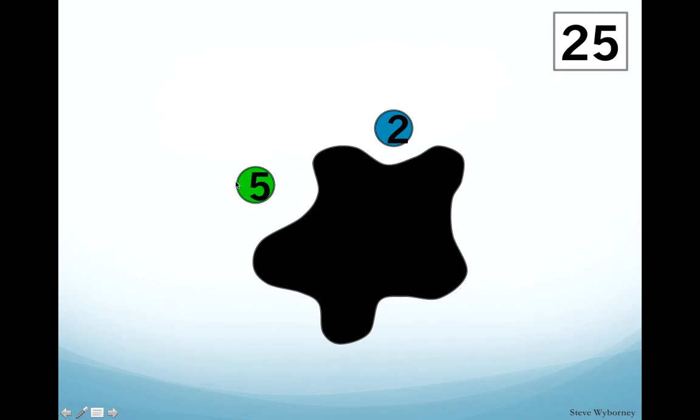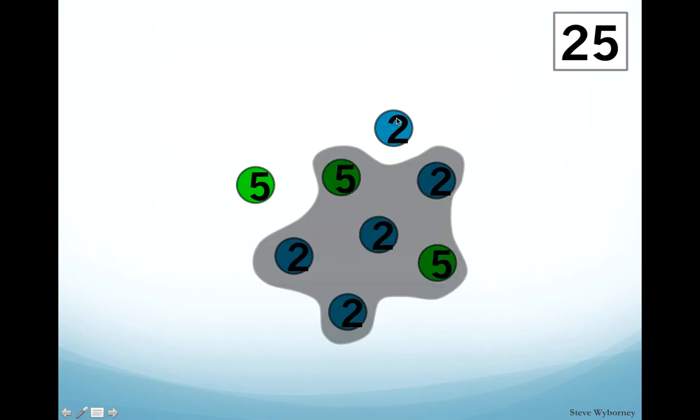Well, I know that 3 sets of 5 is 15, but that'll only leave me with 3 more, and I can't do that, right? 18 can be written as 10 and 8. So 10 can be written as 2 sets of 5, and 8 can be written as 4 sets of 2. Let's see if that's what they did. Yeah, 2 sets of 5 and 4 sets of 2.